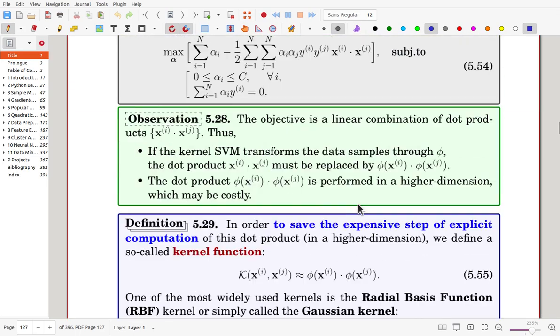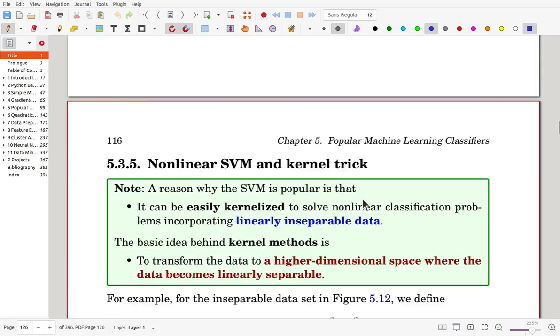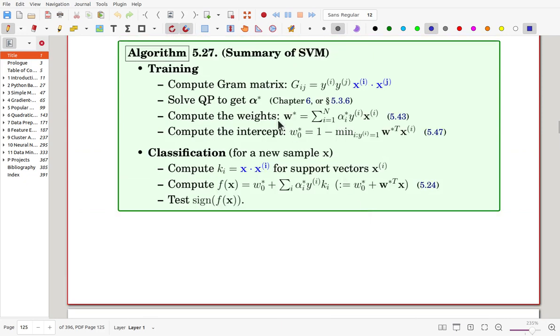Let's go back to page 115. Here we have a summary of the support vector machine. For this dot product xi dot xj, we replace it with k(xi, xj), a number.